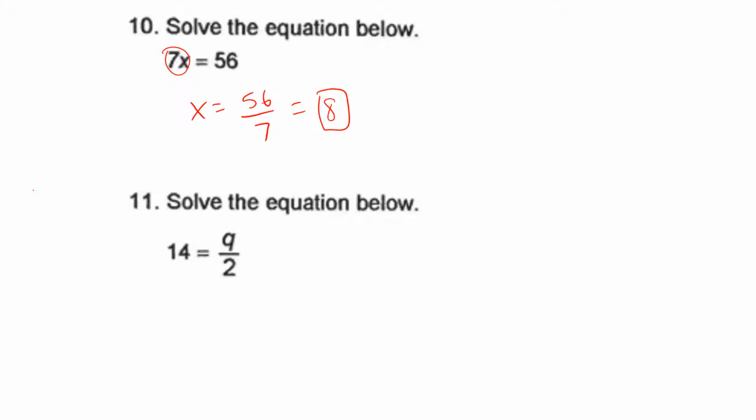Solve the equation below. This one mixes students up a lot. A lot of students will say Q is equal to 7, but that's not true. Q is not equal to 7, because if I put 7 in here, in for Q, 7 divided by 2, that is not equal to 14. 7 divided by 2 is not 14.